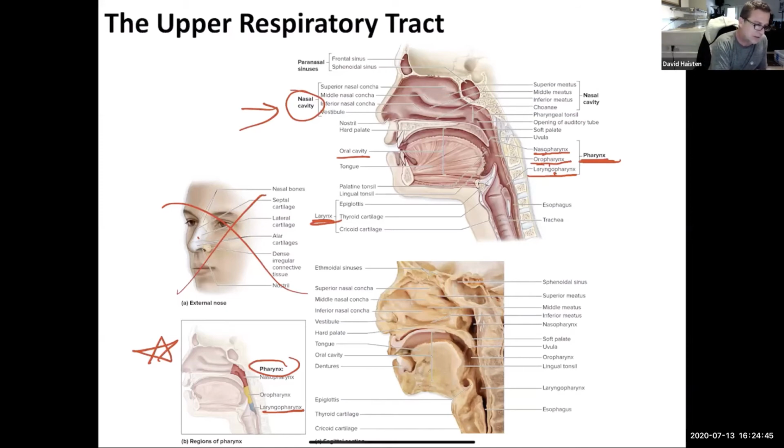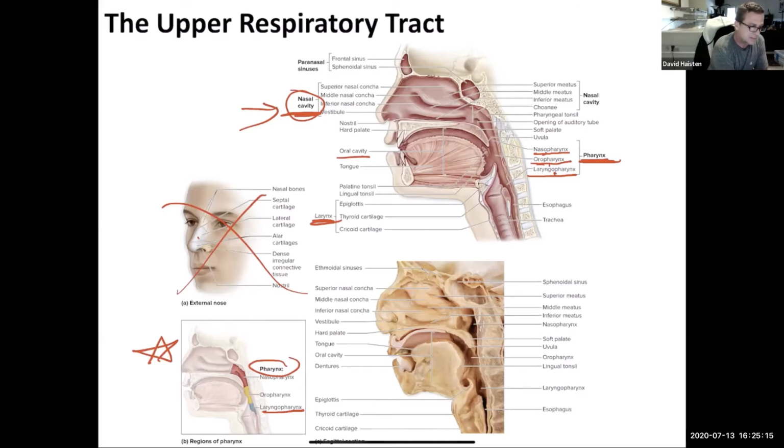Well, when air comes in your nasal cavity, remember those awesome projections off the ethmoid bone? The nasal conchae, middle nasal conchae. There's some superior nasal conchae we didn't have to try and spot. And then we had our own facial bone, its own bone, the inferior nasal conchae.